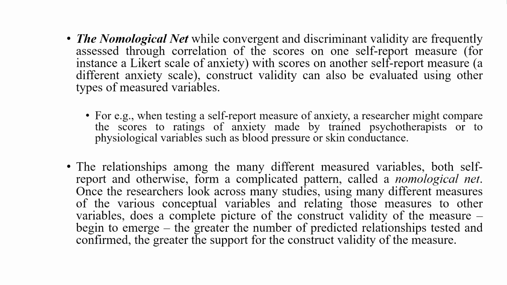This complete picture gives you the best idea of the construct validity of a given measure in relation to all other measures, and the greater the number of predicted relationships that are confirmed, the greater will be the construct validity of any given measure in this overall network.